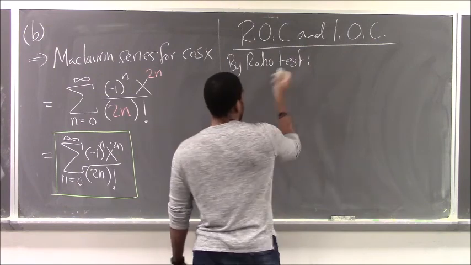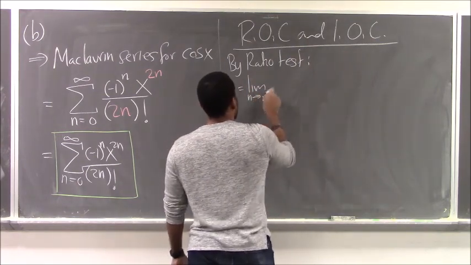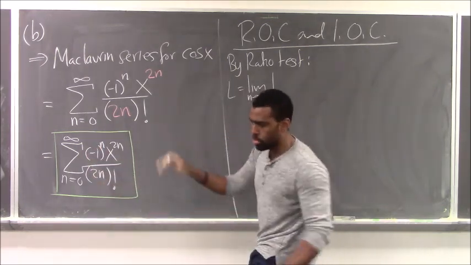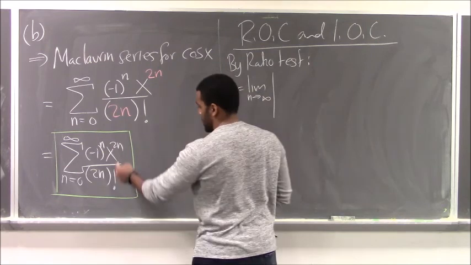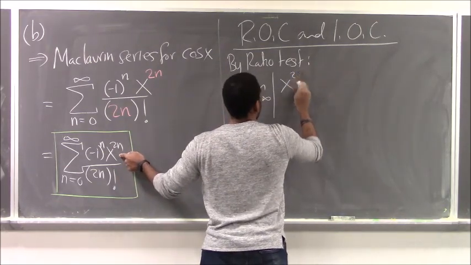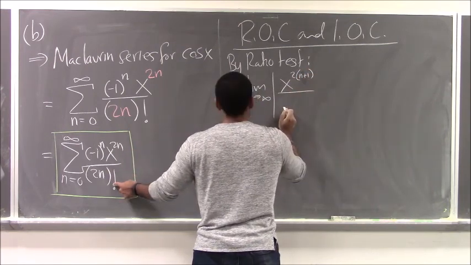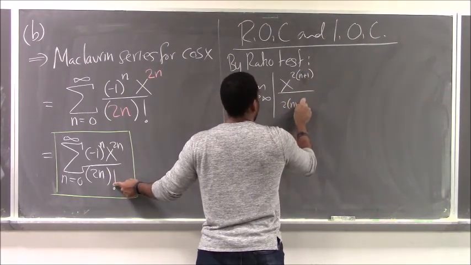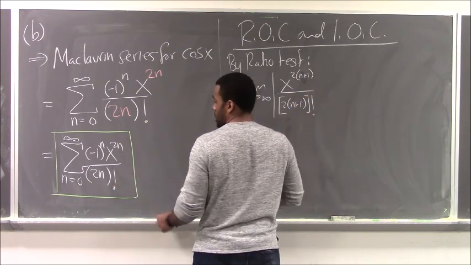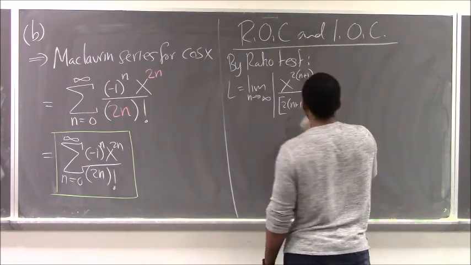Should I write that out? So we're going to compute L, which is the limit as n approaches infinity of the absolute value. Now, of course, I can ignore the minus 1 to the n. We already spoke about that. It's absolute values. They're going to kill all the signs here. So this is x to the 2 times n plus 1, divided by 2 times n plus 1 factorial, divided by this guy, which I can think of as multiplying by the reciprocal.